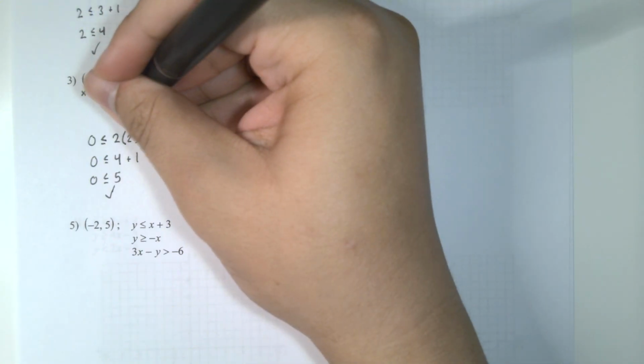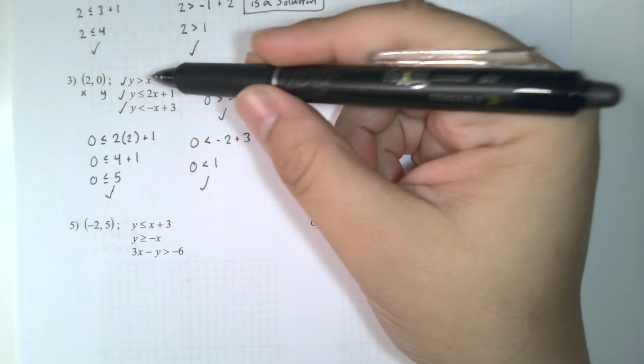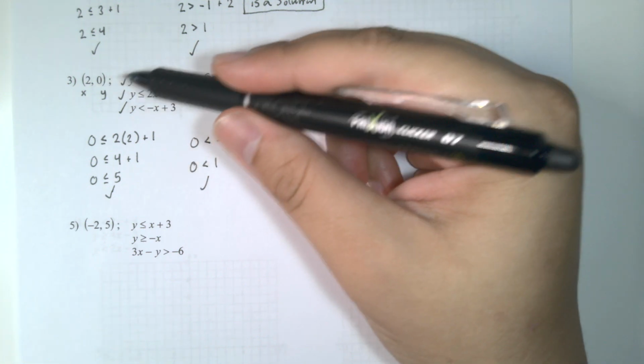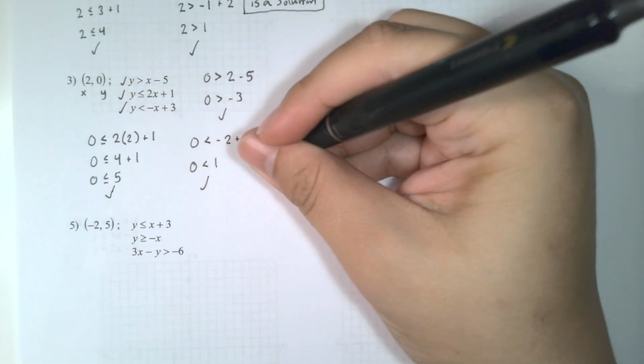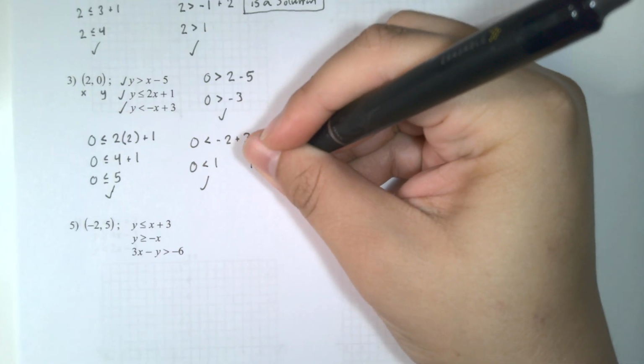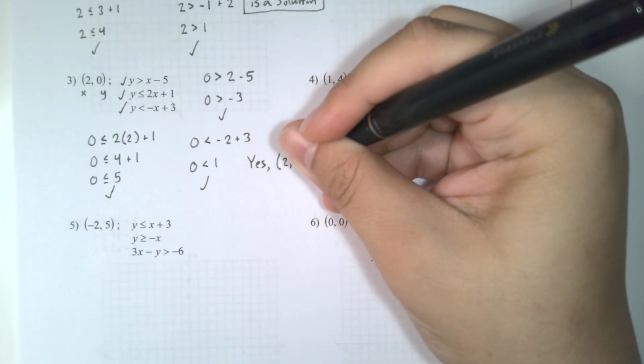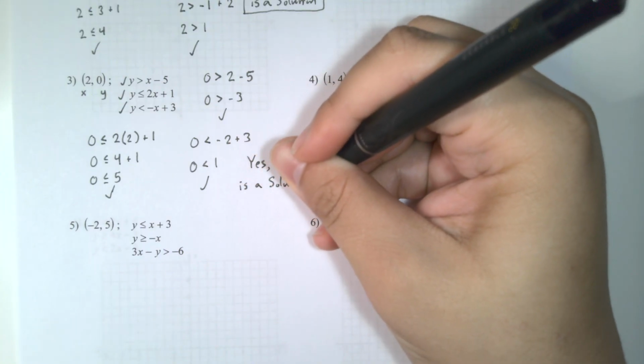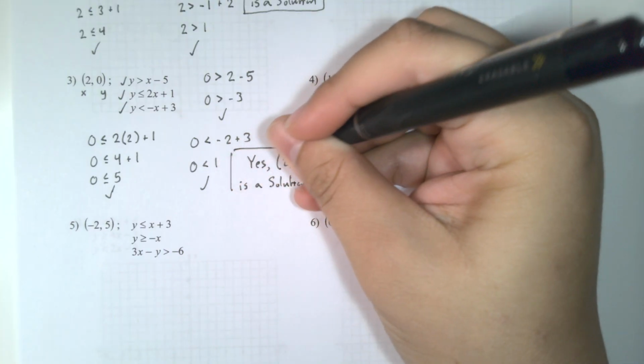That checks out. Okay, so all three checked out. That means that since this point satisfied each of these inequalities, then yes, we can say that 2, 0 is a solution.